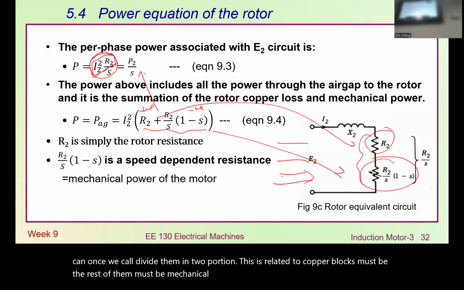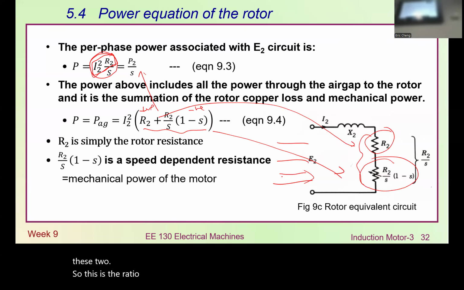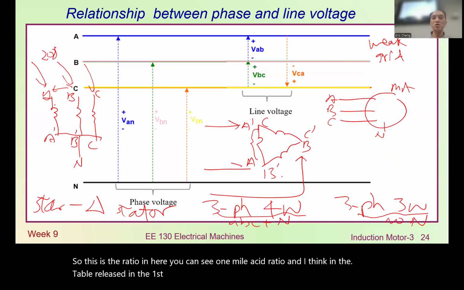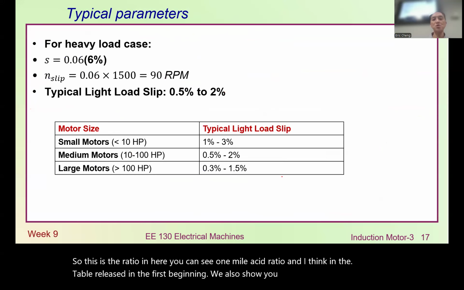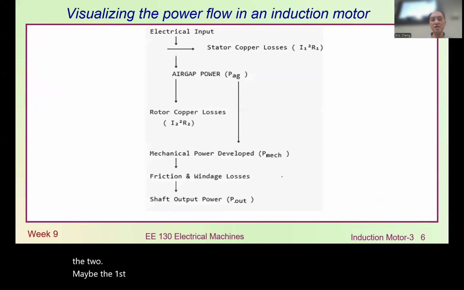So that's why deliberately we divide them into these 2. So this is the ratio in here. You can see the 1 minus S ratio. I think in the table we listed at the very beginning, we also showed you the correlation between the 2. I think you do remember that we have copper loss and also mechanical power.